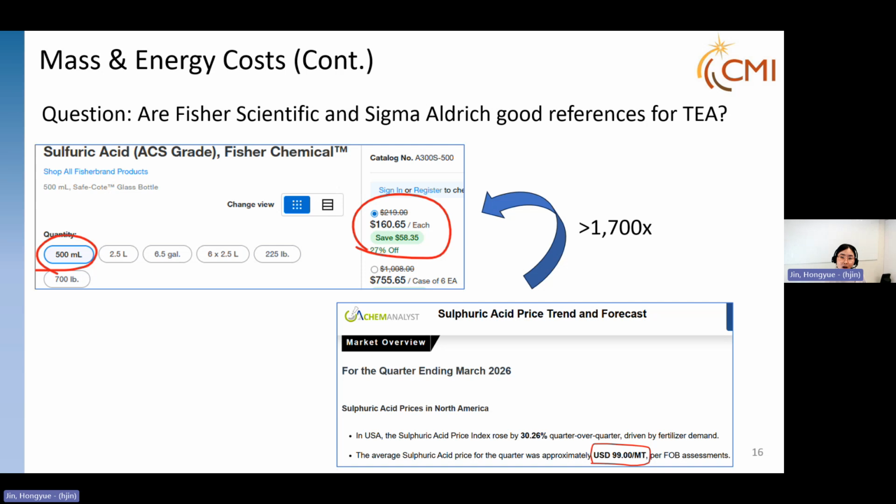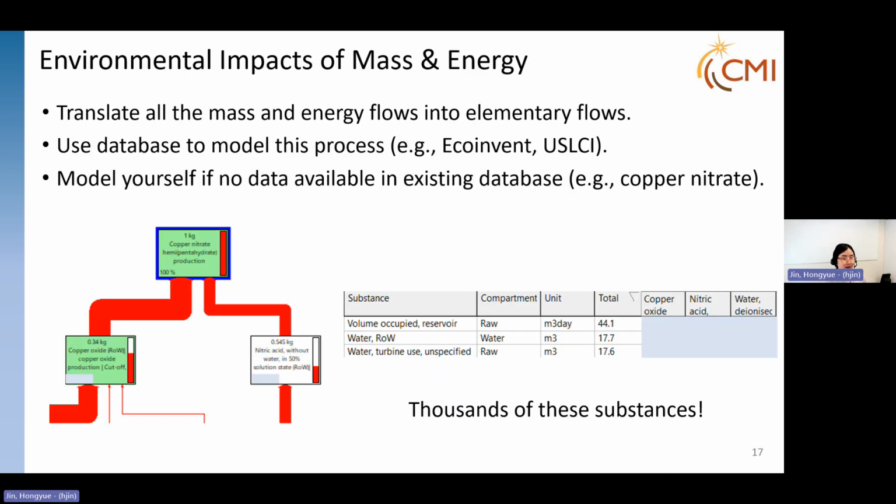And one company I talked to said that it is quite a norm to discount the price from Fisher Scientific or Sigma Aldrich by 100 times to get some reasonable understanding of the bulk industrial cost. Okay, I probably need to speed up.